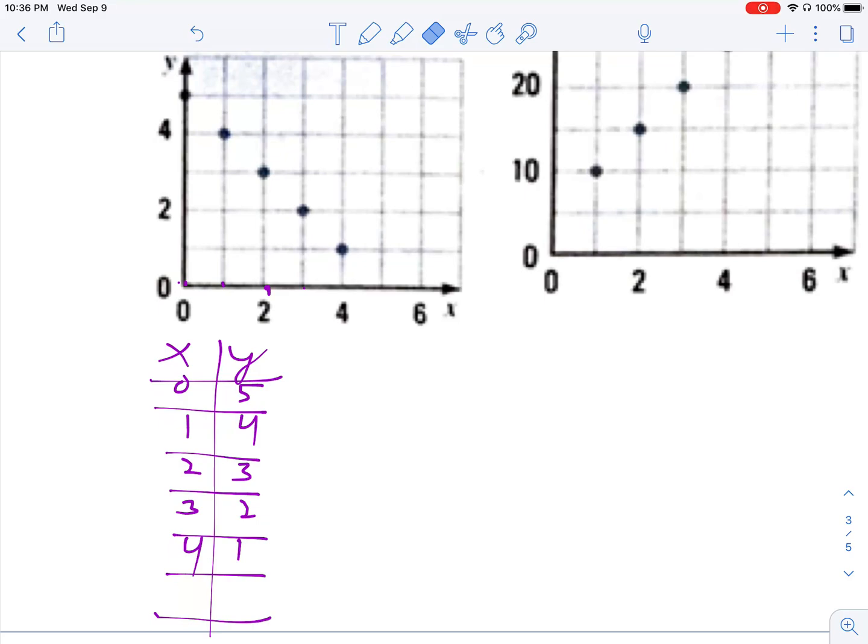Well, if you put 0 into the function, you could add 5 to get 5. That's really the only way you could go about that. But then if I put 1 in the function and add 5, that would not give me 4, so that's out. So I know it's y equals something.